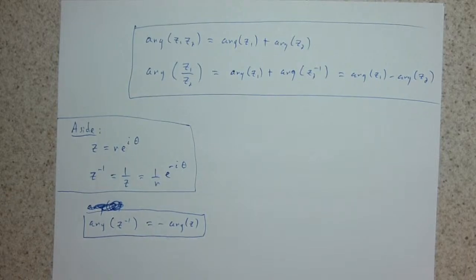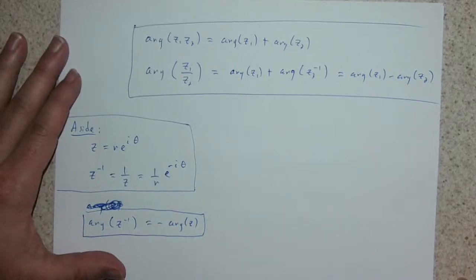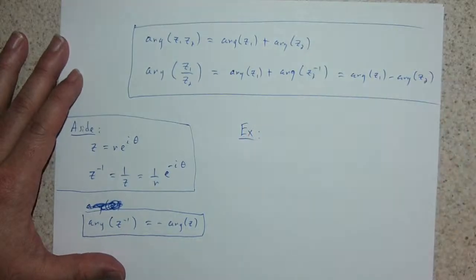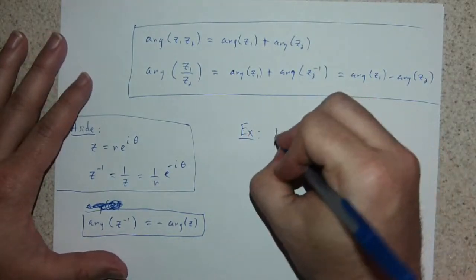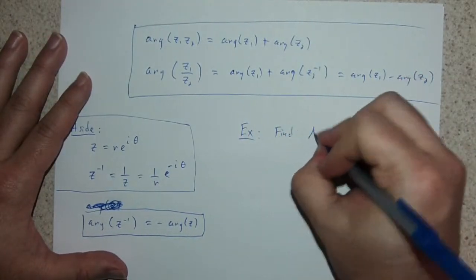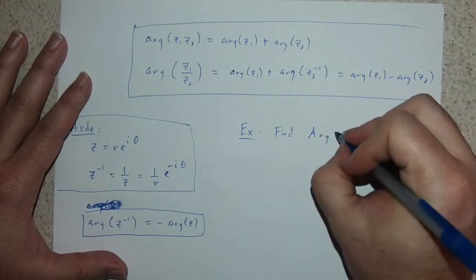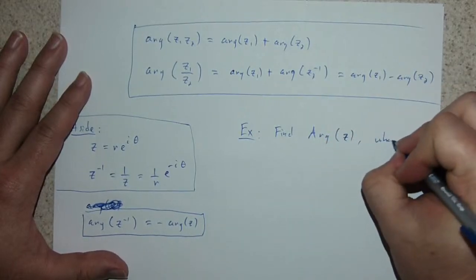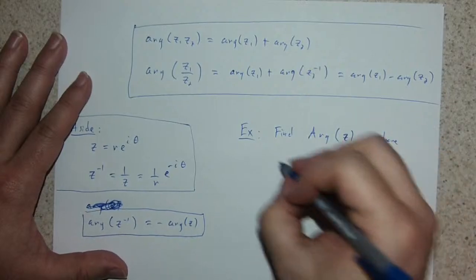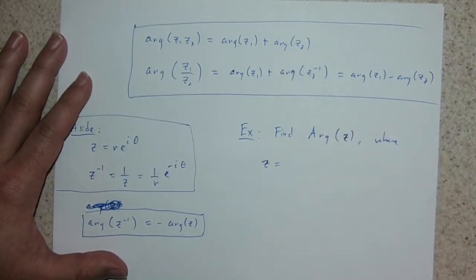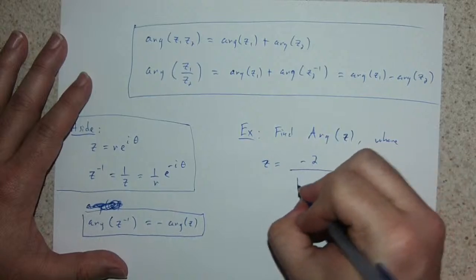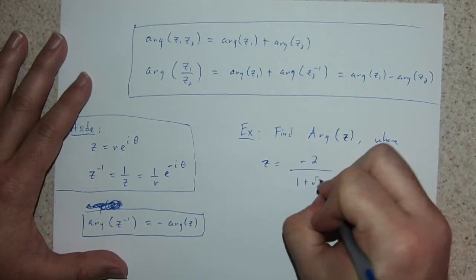All right, and so how can I use this sort of computation when I am tasked with, say, something like this? Find the principal argument, arg z, where z is, say, minus 2 over 1 plus square root of 3i.